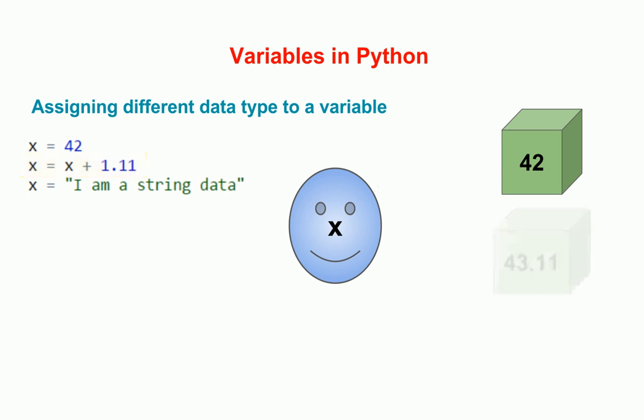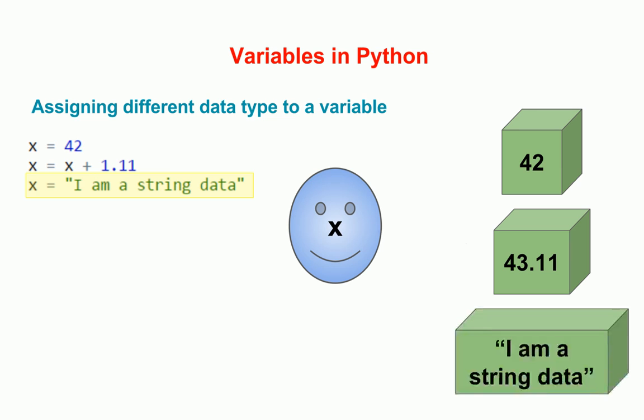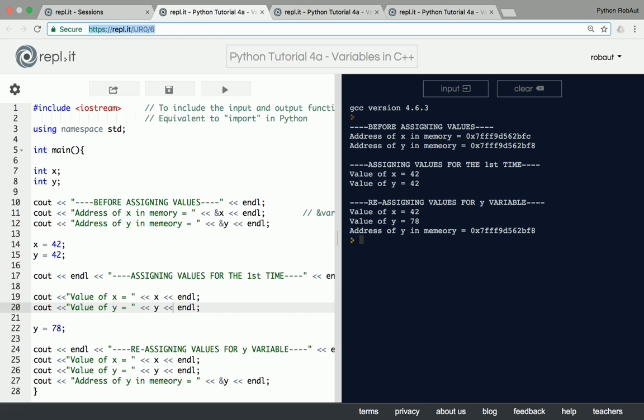Now the new value will be stored in a new object and the variable will be pointing to the new object. After a while, we are creating string data and then the variable will reference the string data. Another good thing in Python is that it will automatically take care of the physical representation of different data types.